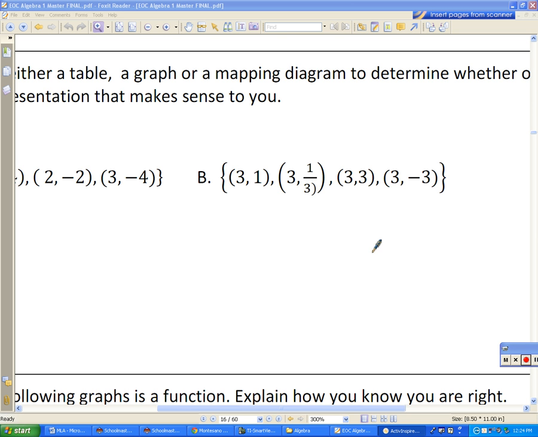I don't know exactly what's going to be on the test, I just know roughly, so I want to make sure you guys are ready. If I did this as a mapping, then I would just draw arrows because the 3 goes with each one of those things. So that's a different way to show that information. And if you wanted to graph it, you guys all know how to graph, right?